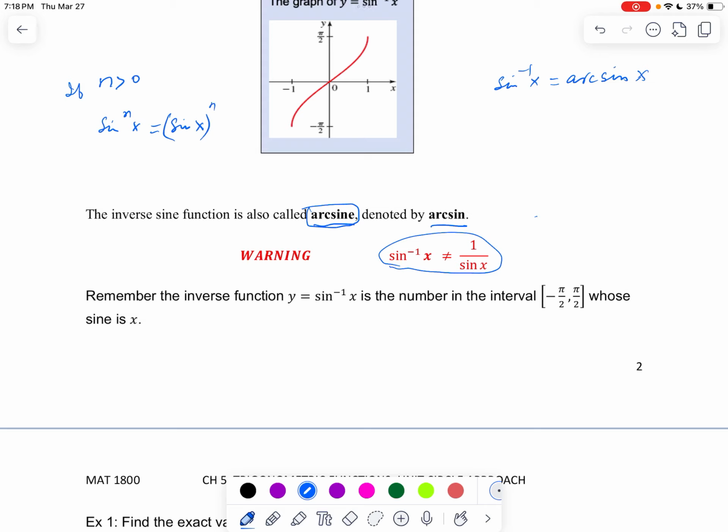Now here we are talking about sine inverse. We don't say sine to the negative 1 x, we say sine inverse x. This is not equal to sine of x whole to the negative 1, which is the same thing as 1 over sine x. Remember 1 over sine x is equal to the cosecant x.